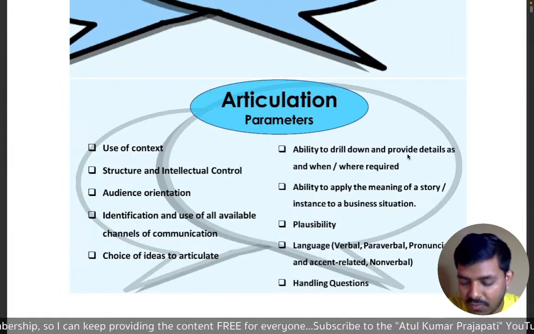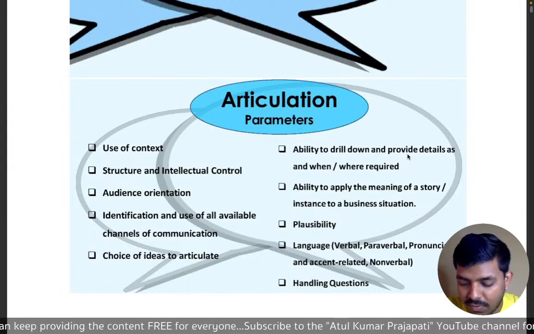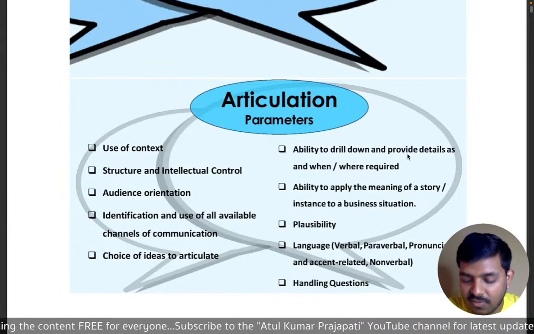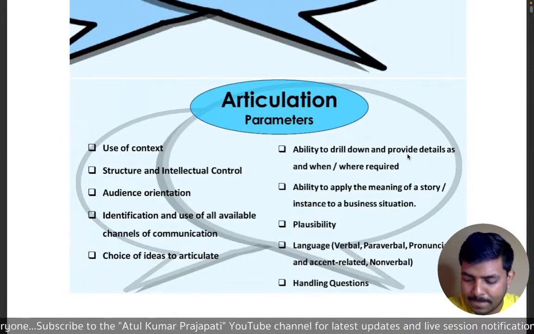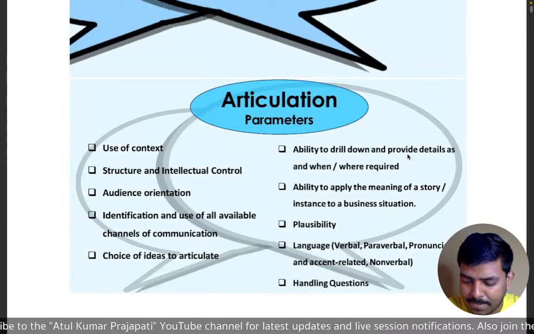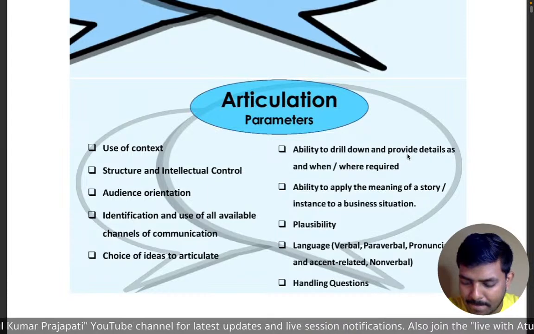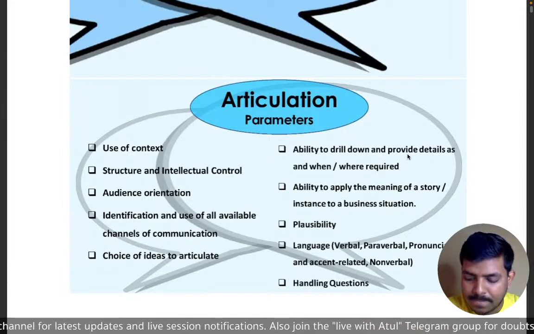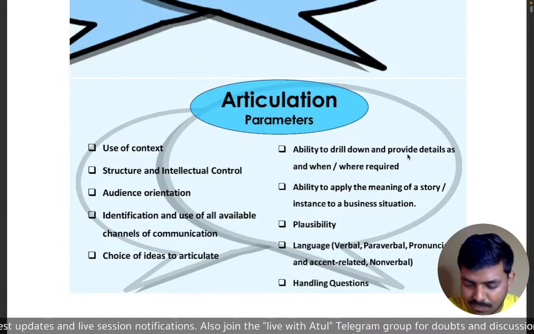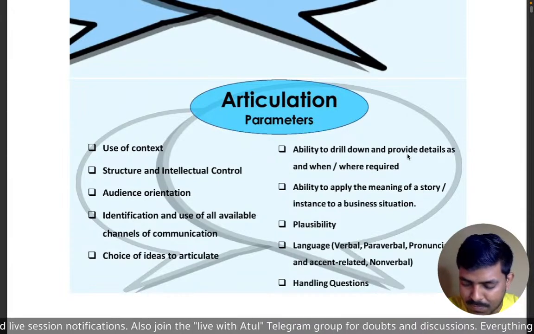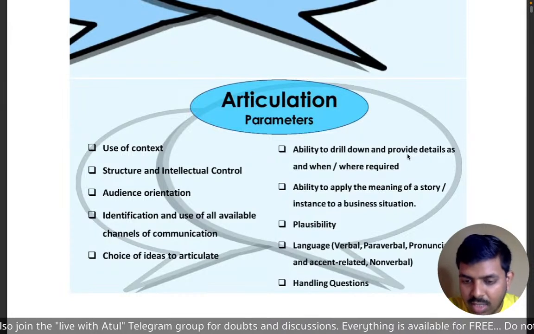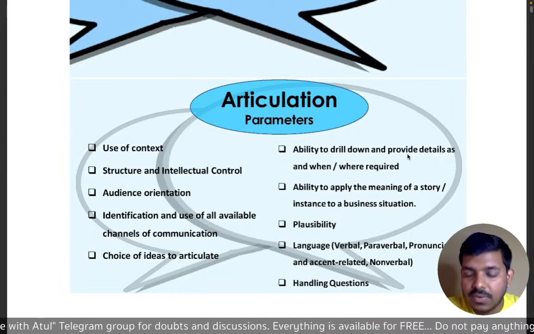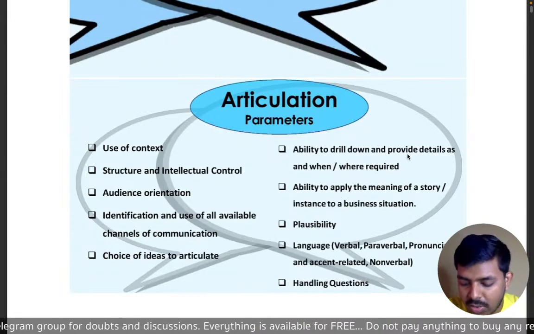We have 10 in front of us. Out of those 10, how many do you think are really important, and without those the rest would not matter? After learning about the definition of articulation, we learned about the different parameters which form the basis of articulation.